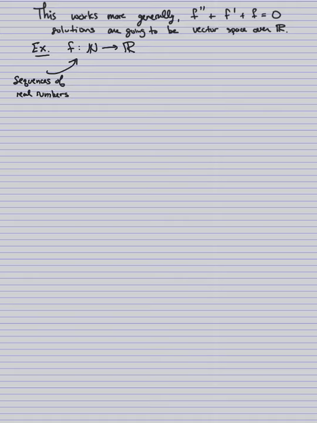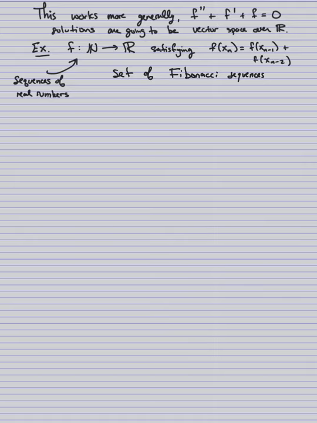Okay, so I can take functions from N to R satisfying this relation where f of x_n is equal to f of x_{n-1} plus f of x_{n-2}. So in other words, this is the set of Fibonacci sequences where the first two values are completely arbitrary.